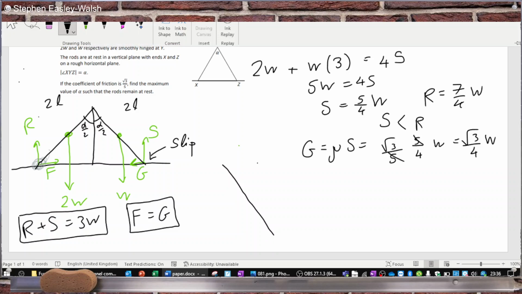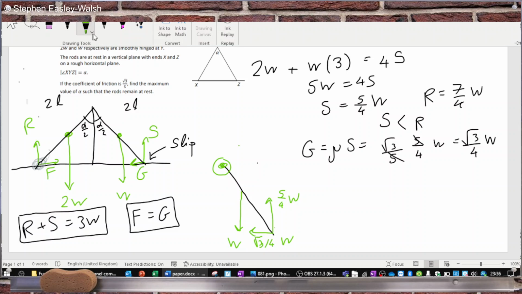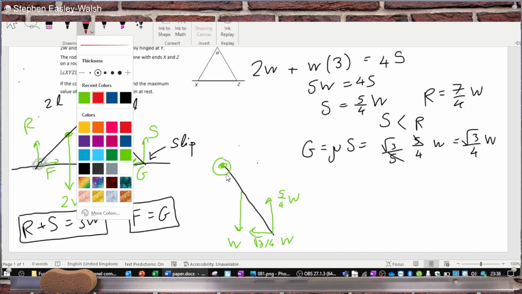Right. Let's try that again. So I'm going to take this as the pivot, and then we'll have a W here, and then we'll have a friction here of root 3 over 4W, and then we'll have a reaction here S, which is 5 over 4W, and then we'll put the distances in.